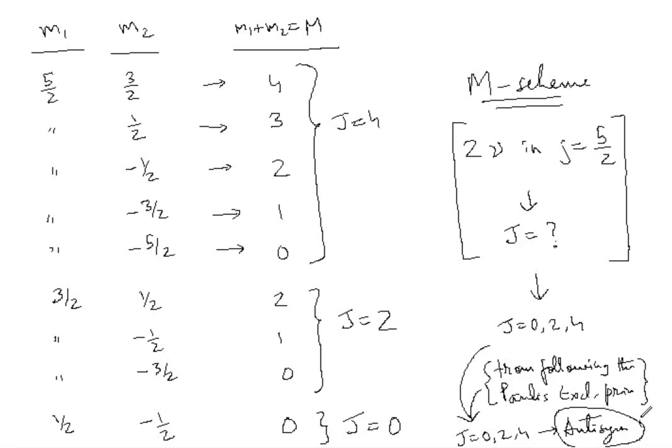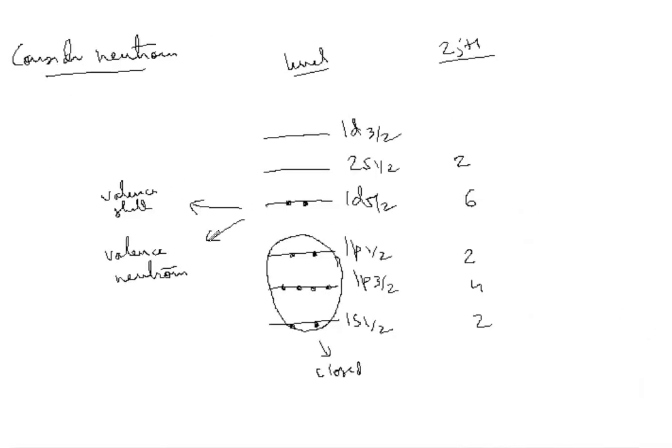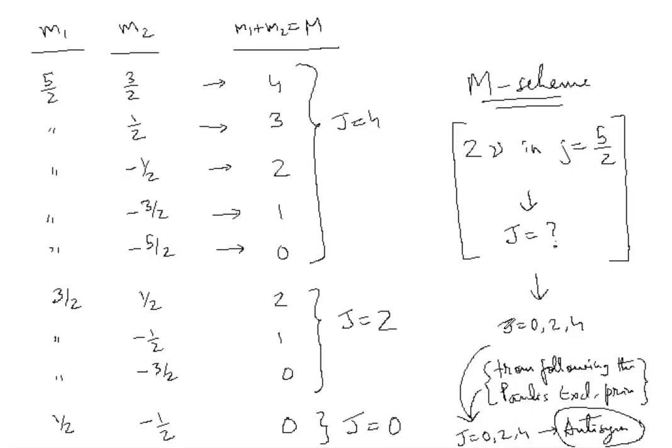Okay. In fact, we can generally say, I will just show you today, that J must be even for two neutrons or protons in the same J state. So, what is the result? The result is that for 18 oxygen, we can have these 3 spins, 0, 2 and 4.